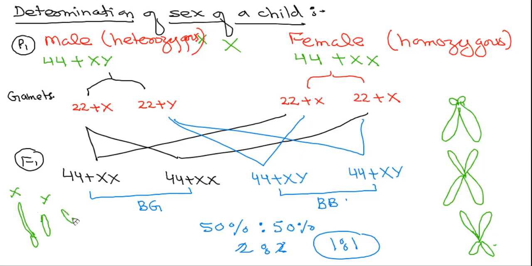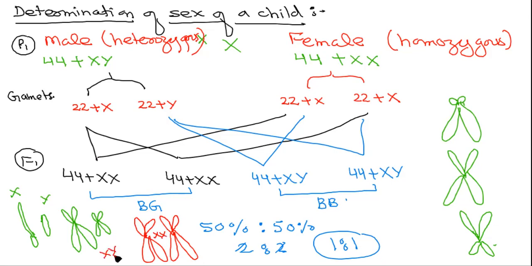So when a male is born, the chromosome set is like this. On the other hand, when a female is born, the set is like this, both are longer. This is your XX, while this is your XY. Any doubt?